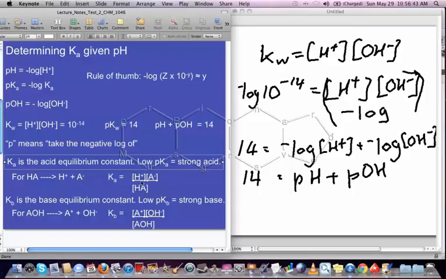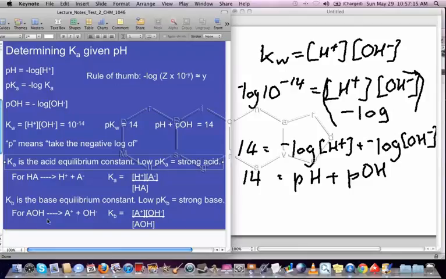And we know we're always talking about the Ka whenever we see acid or H plus in our equation. Kb is called the base equilibrium constant, and the general formula for that is you've got AOH gives A plus and OH minus. Now the reason we're using OH minus is because we have base. So acids involve concentration of H plus, bases involve concentration of OH minus.